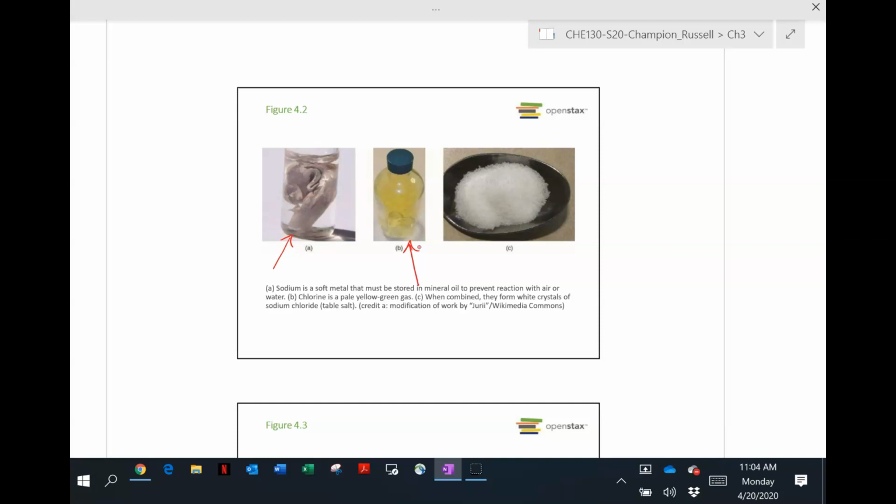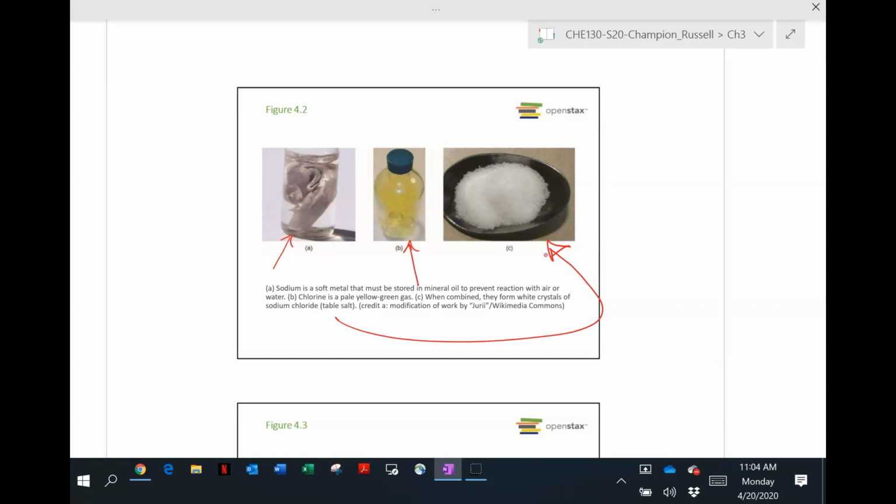So neither one of these things is something that you necessarily want to be around. But if they react with each other, they form this compound right here, C, table salt, which of course you put on your French fries, and it's only dangerous in that it can contribute to high blood pressure. So quite a safe compound for us compared to these other two elements.